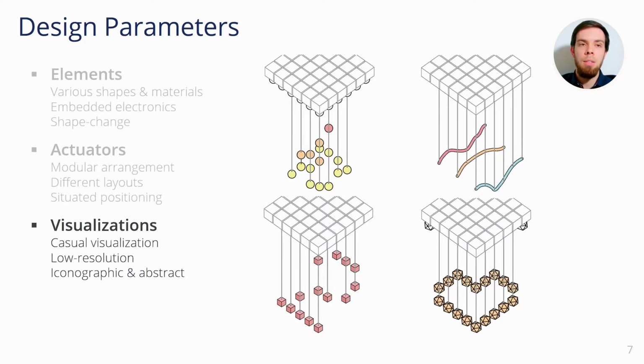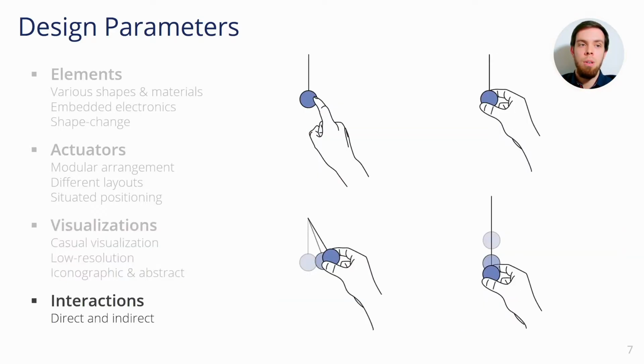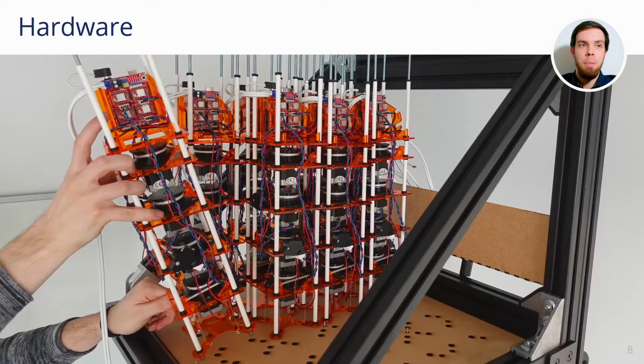These two combined could enable physical visualizations. We focus on casual visualizations with only a few elements and ways to combine individual elements into symbols and other expressive content. To create a user interface, we want to add interaction to our system, where we mainly focus on direct interaction, for instance with touch or drag, but we also consider combinations with smart devices.